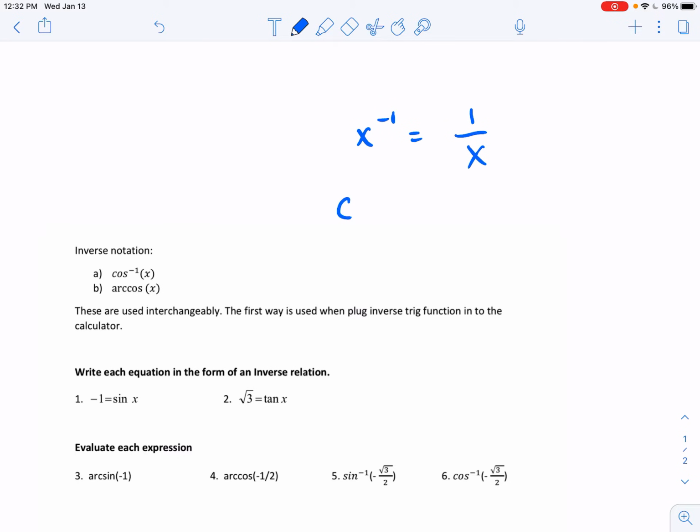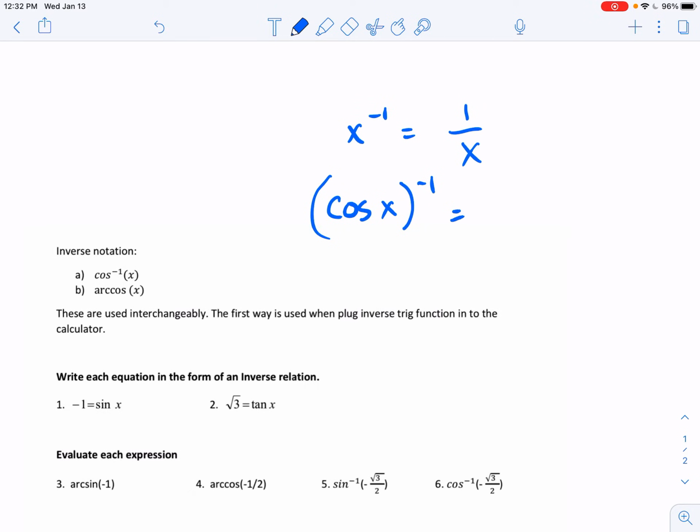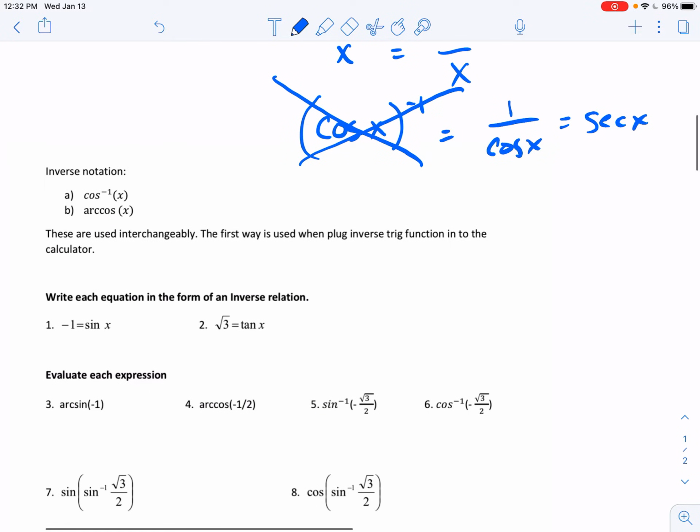Well, cosine of x to the -1 is not a notation that we use because, if we try to do the same example, then this becomes 1 over cosine of x, which is secant of x, which is not the same thing. So we're never, ever, ever going to write it that way. And when they say cosine to the -1 of x, they're not trying to say secant.